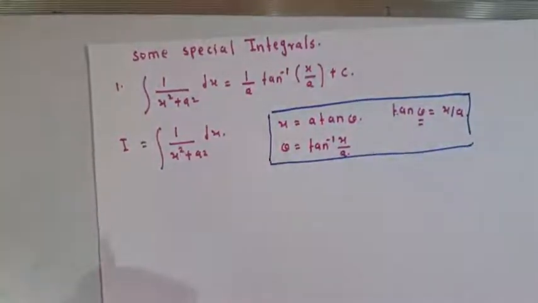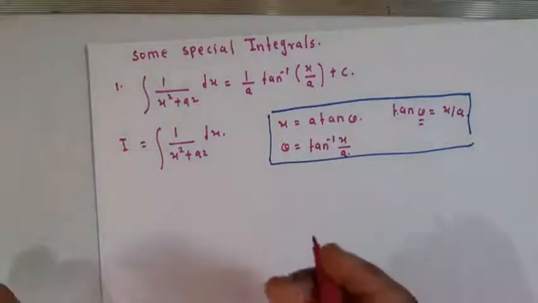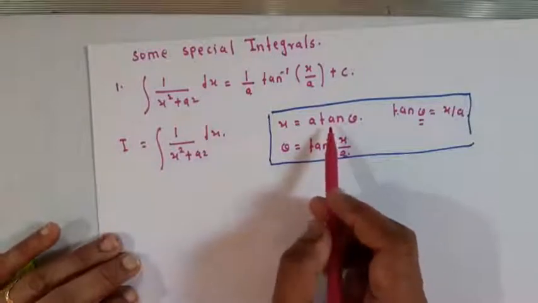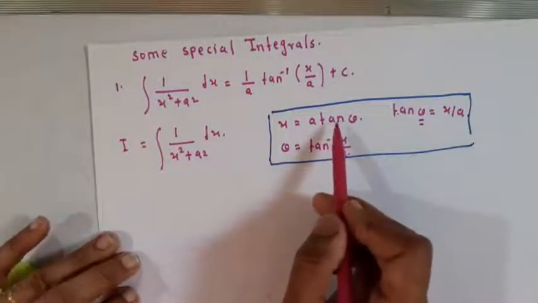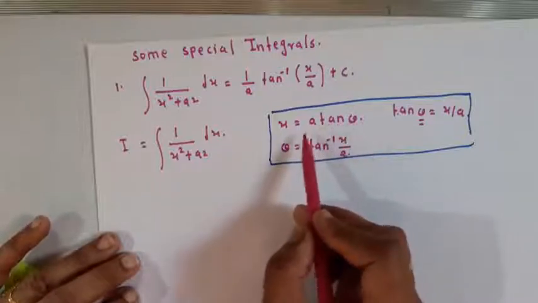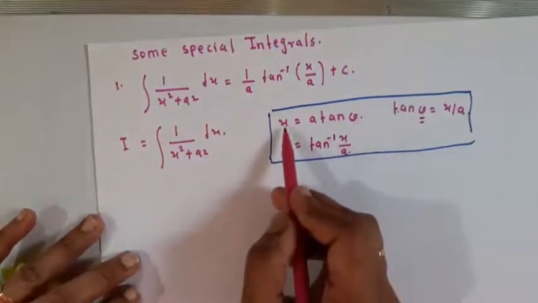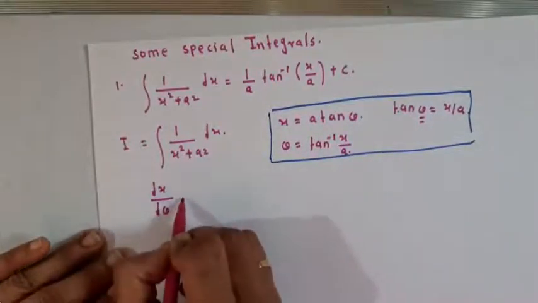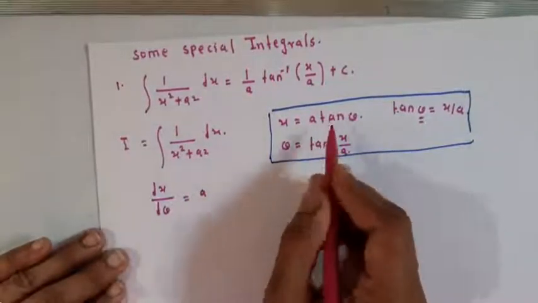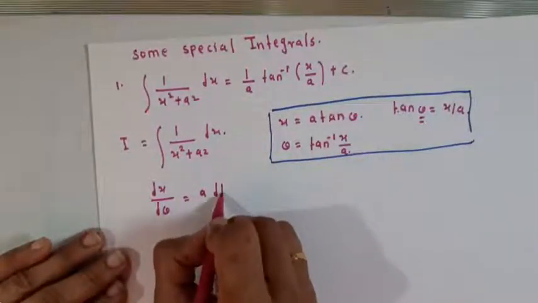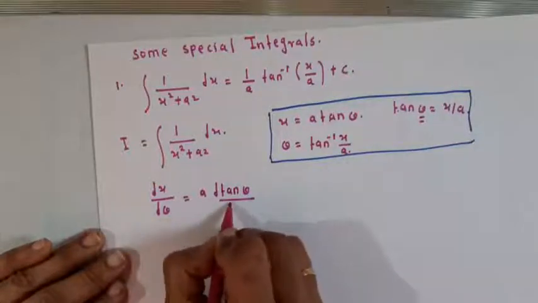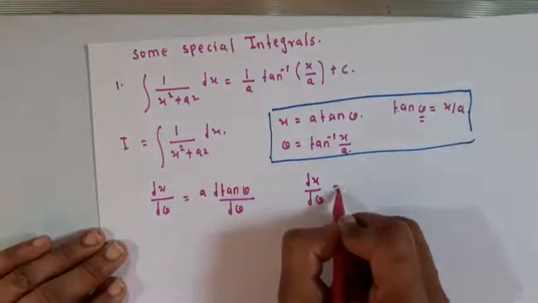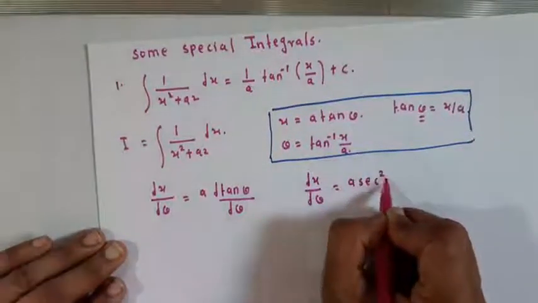Okay students, now as we put x equal to a tan theta, therefore differentiation of x with respect to theta, that is dx by d theta, equals a times differentiation of tan theta with respect to theta, and that is dx by d theta equal to a into sec square theta.